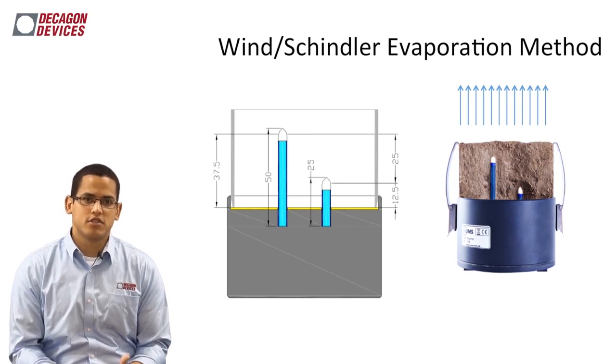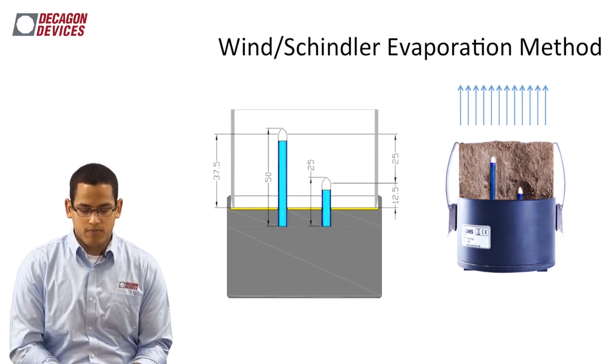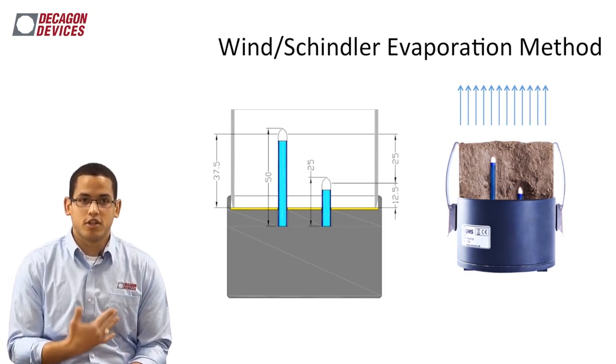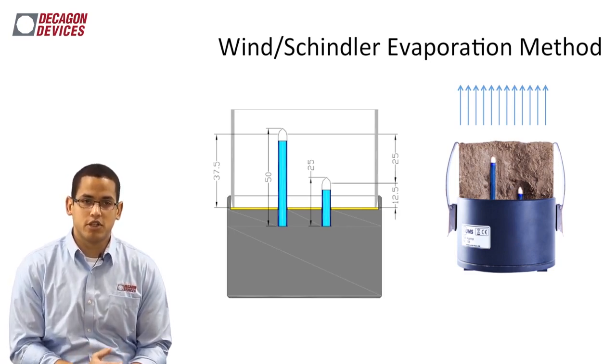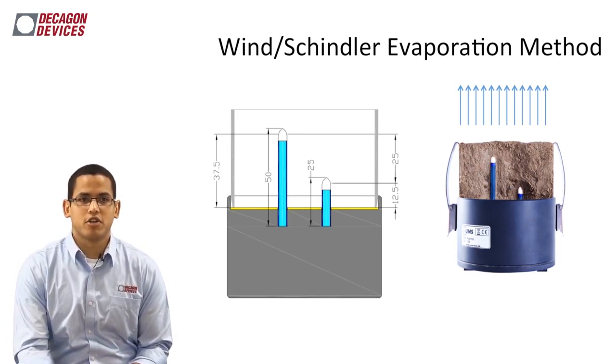This gives us, one, a measure of the change in water potential. It also gives us a change in unsaturated hydraulic conductivity. So we're able to not only do the moisture characteristic curve, but also an unsaturated hydraulic conductivity curve. We'll talk a little bit about the math that goes into that here.